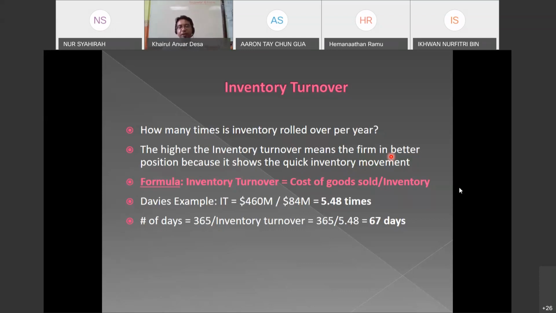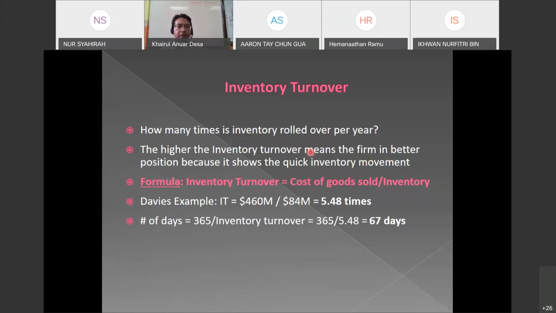Kemudian kita order lagi kayu, kita proses jadi perabot, kita jual, habis. Kita order lagi kayu, kita proses jadi perabot, and then kita jual, habis. Semakin banyak kali kita order inventory tersebut, maka menunjukkan bahawa syarikat kita memang efektif. Okay, syarikat kita memang cekap dalam pengurusan inventory.